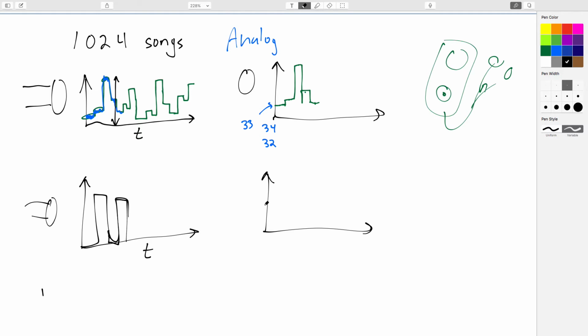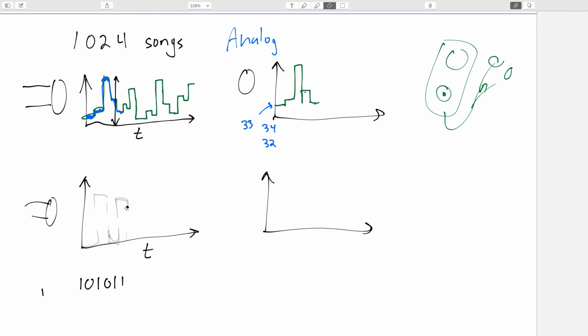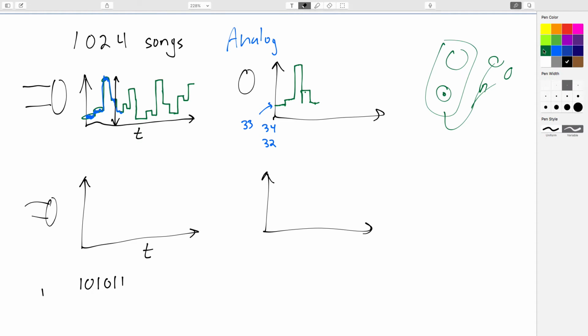So what we do is we say, okay, for the next minute I'm going to send a binary number to you, and let's say I wanted to send 101011 or something, right? What I would end up doing is saying, okay, I'm going to send a 1 and then a 0 and then a 1 and then a 0 and then a 1 and then a 1.